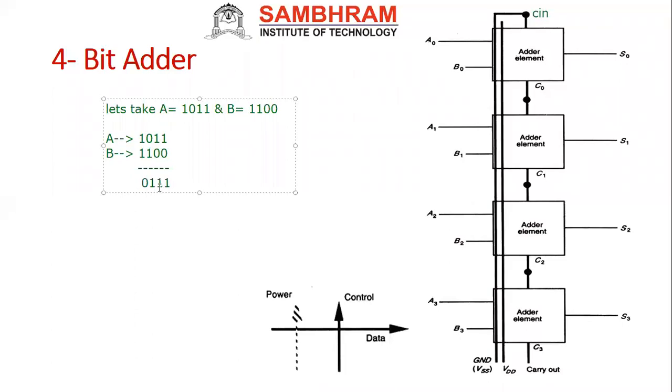Then your Cout is 1 actually. So now this will be your Cout.